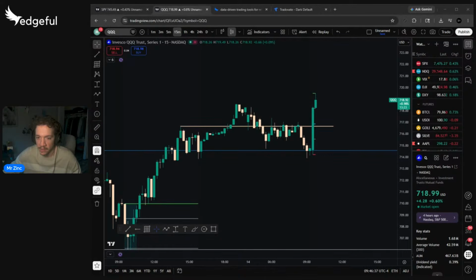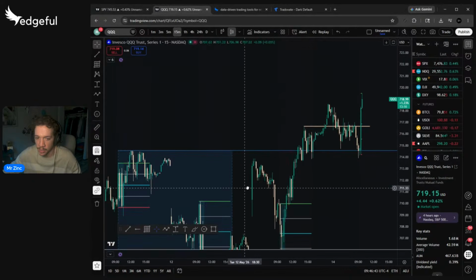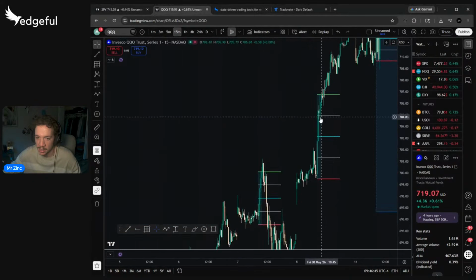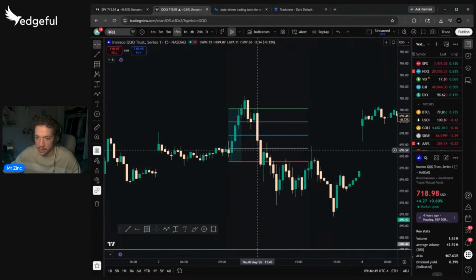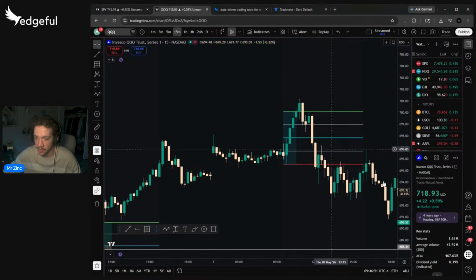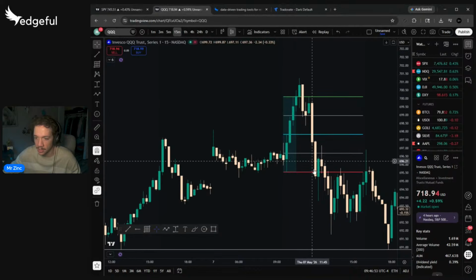It's very, very aggressive with the moves we're making right now, so I wouldn't anticipate that this goes too much higher. I think that we'll probably have a day very similar to what we had on Thursday last week, where it just face rips everyone into the open, and then we pull back the entire rest of the day.